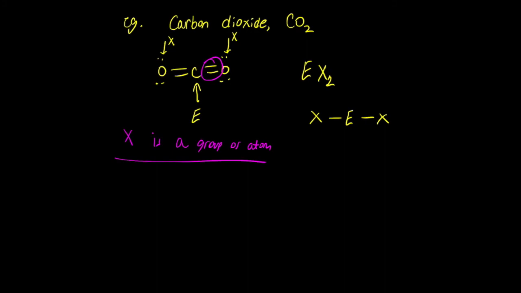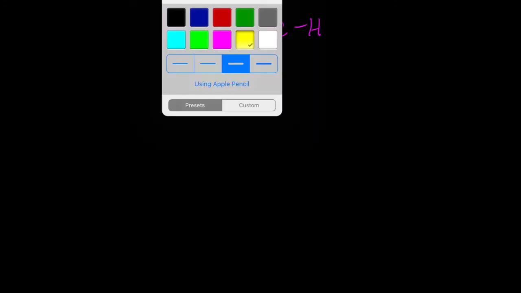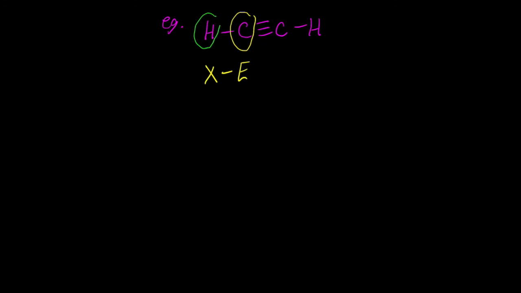And so another example would be acetylene. All right, let's focus in on this one right here, okay? This is your central atom E. It's bonded to X, which is just, I don't know, a side group, right?